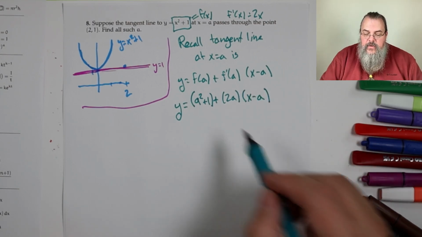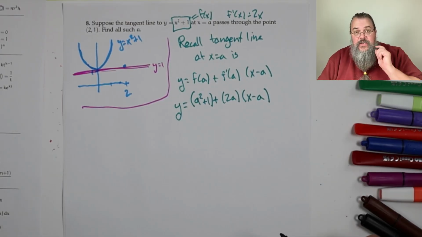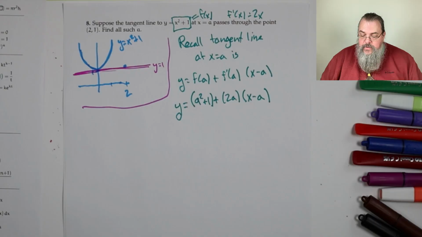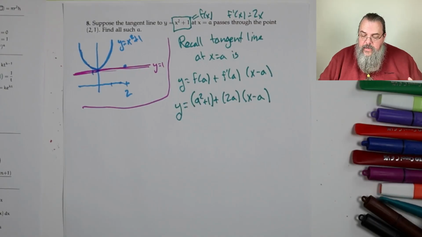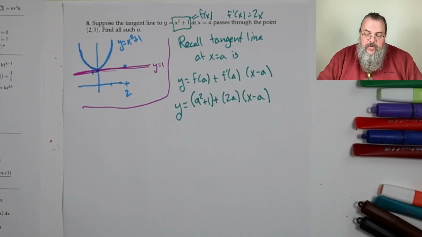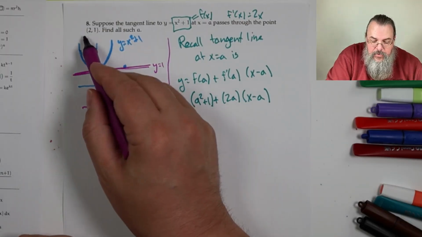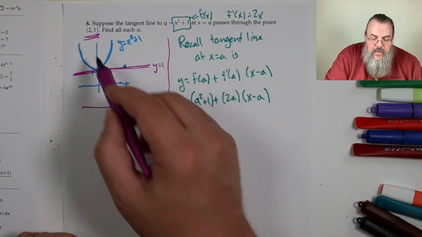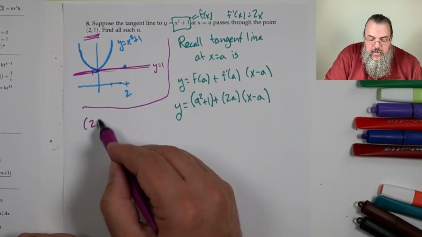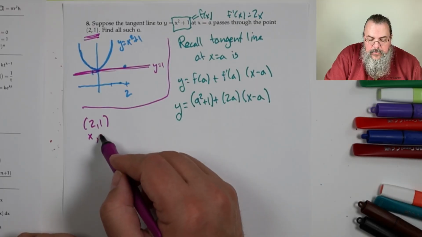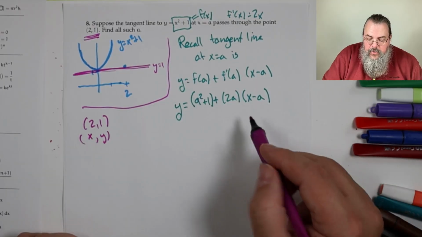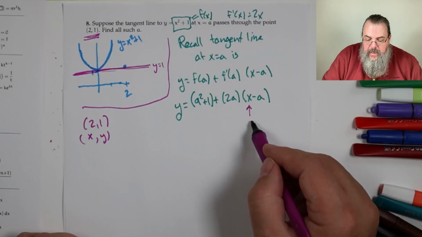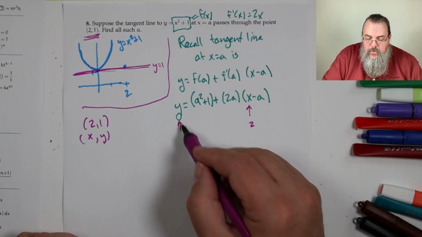All right, so this is the generic tangent line. What do we know? Well, we want a tangent line. It has to pass through this point. So we know, okay, if we plug in this (2, 1), this is an x, y. So we say plug in 2 for x, and we should get 1 for y.